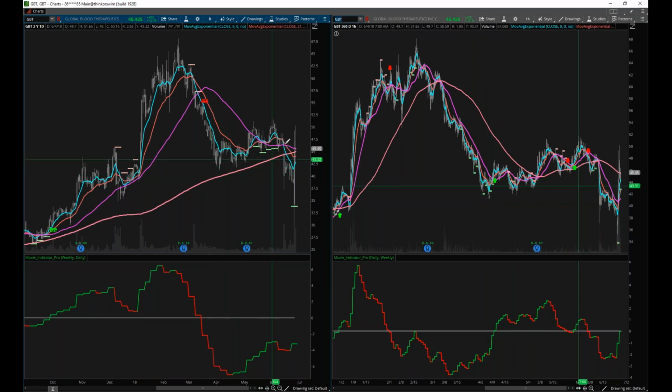And it did manage to get itself over the daily 50, but look where the daily indicator is, way below 0. So even though we might have seen potential on the hourly chart, and we're like, okay, maybe there's a good trade in there, we need to know that on the daily situation the indicator is still operating in negative space. And so when price gets over our moving average requirement, it's divergence.